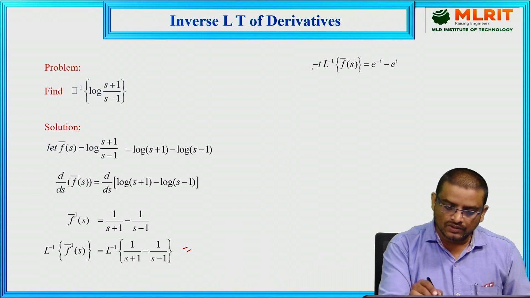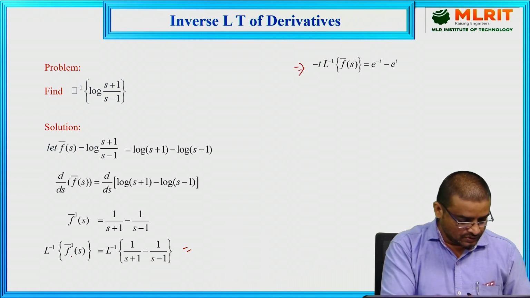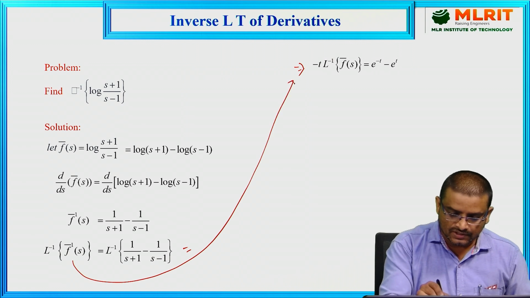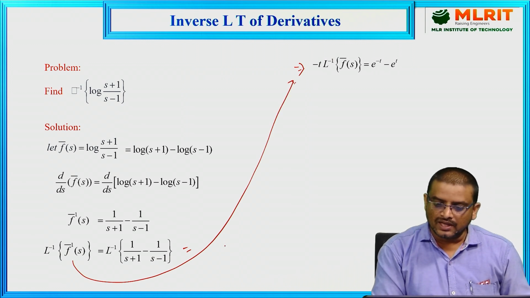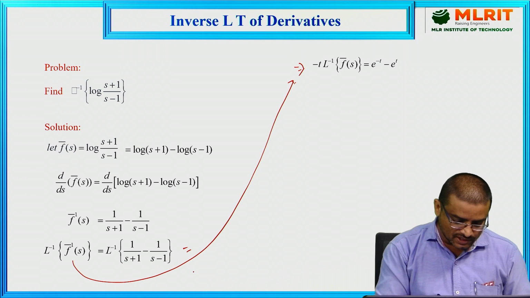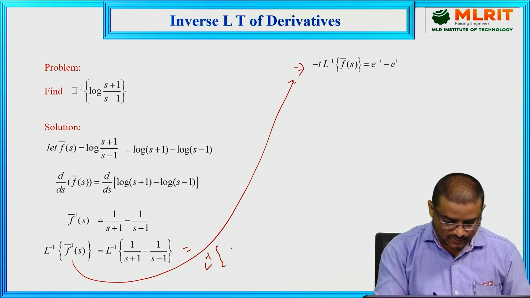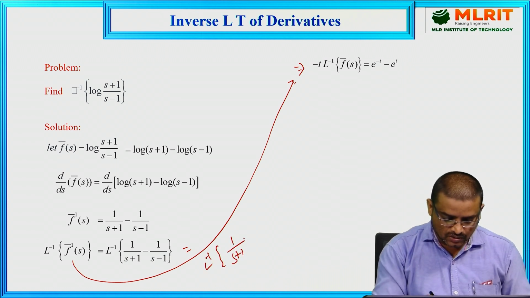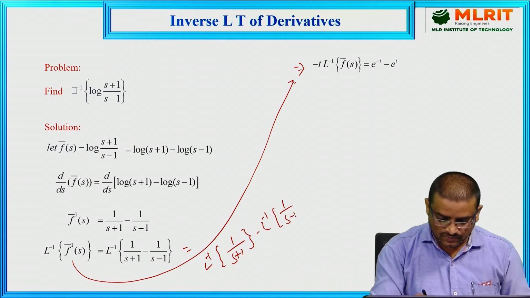So this implies, this LHS part I have taken, minus t into L inverse of f bar of s. Now this can be written as, applying the linearity property, L inverse of 1 by s plus 1 minus L inverse of 1 by s minus 1.